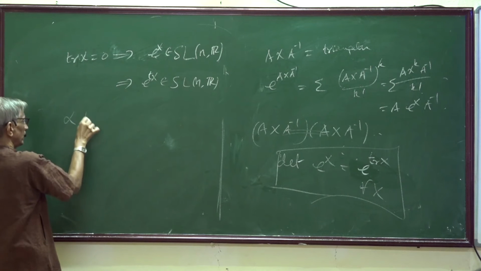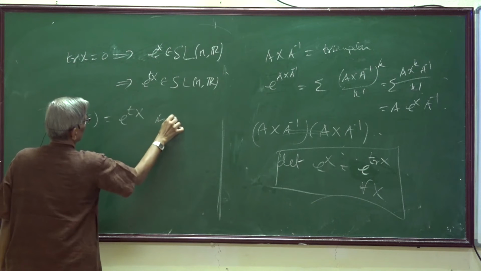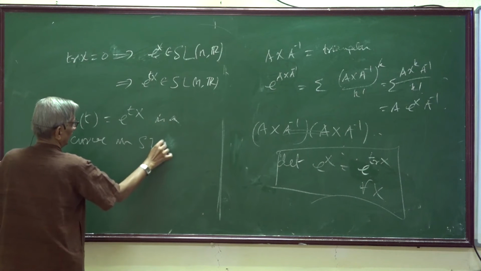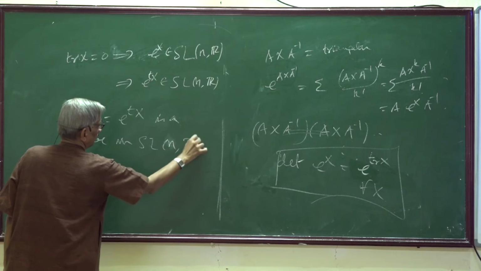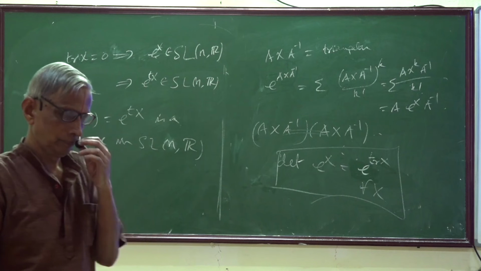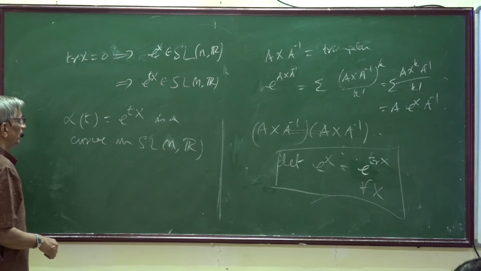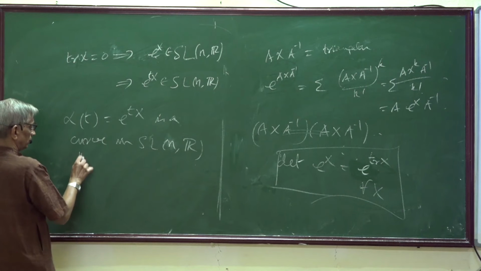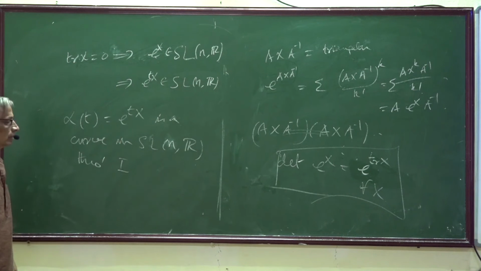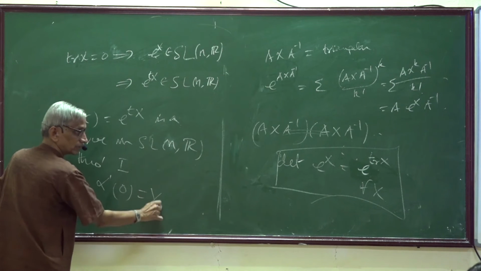So in this case, alpha of t equal to e to the power tx is a parametrized curve in SLN through I. Alpha 0 is I. And so alpha prime 0 is x as before.